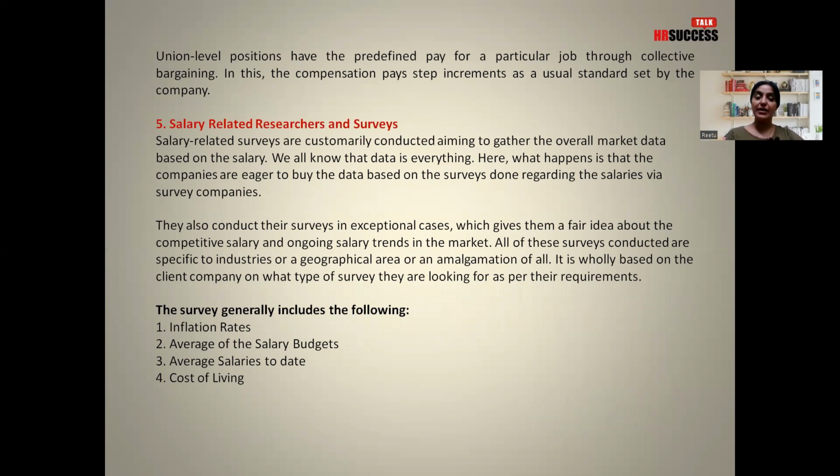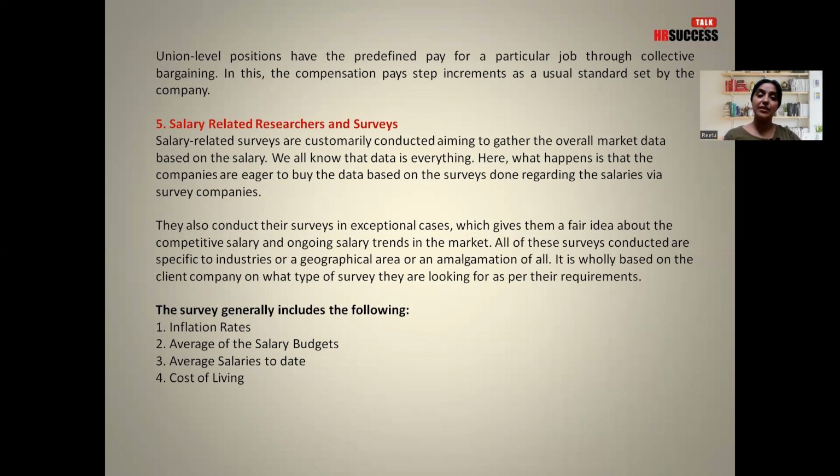The last and the final step in building up a compensation structure is the salary related research and surveys. So while we have created the grade structures and identified the salaries based on the different job roles, it is also important that we collect the data from the market through research and surveys to have a benchmark within the organization and within the market.